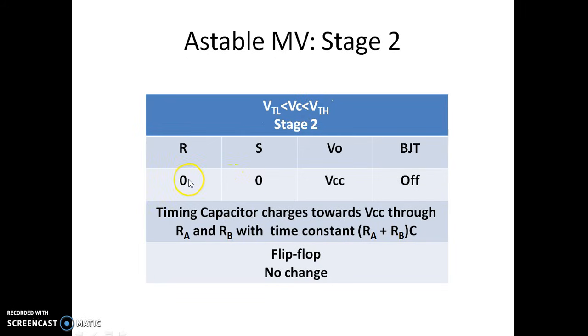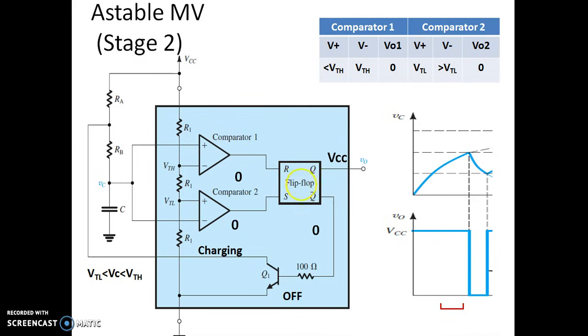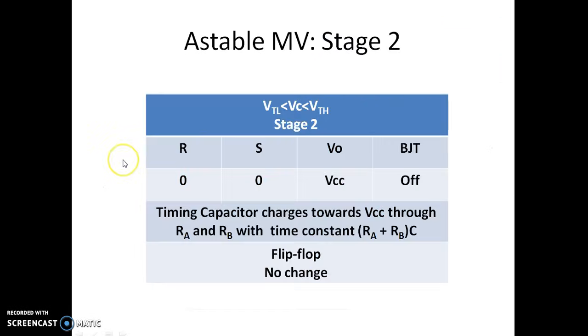Under such case, reset and set are 0, 0, meaning that the output remains in the previous state, the BJT is off, the capacitor is still charging towards VCC through RA and RB with a time constant RA plus RB into C. Why it is RA plus RB is because it is charging through both the resistors RA and RB.